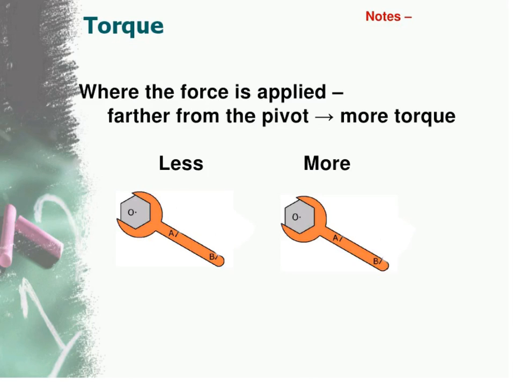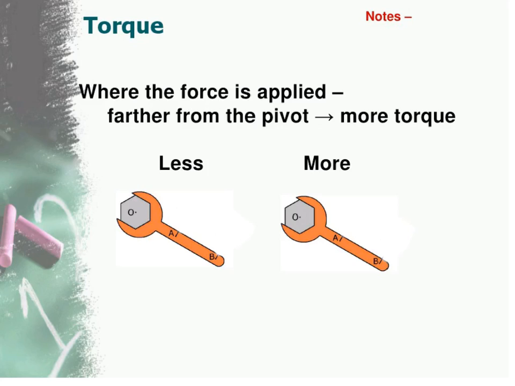The second thing that I said torque depends on is where the force is applied. If this wrench and bolt are pivoting around the center of the bolt here, so we could call this the pivot point, then the farther I apply a force from this pivot point, the more torque that I exert on the system, or on the wrench and the bolt.